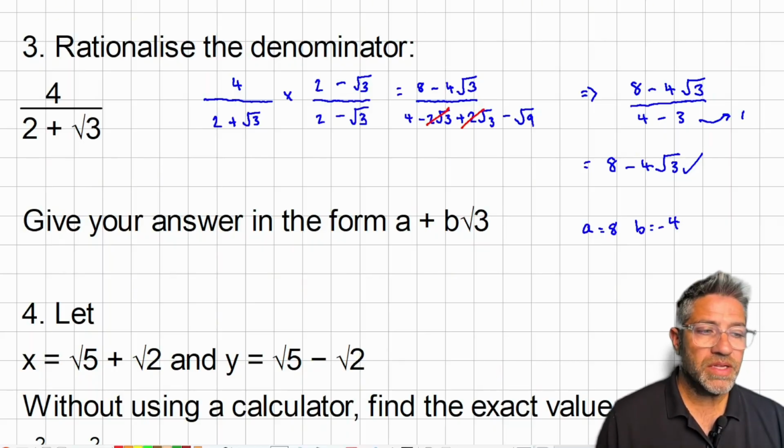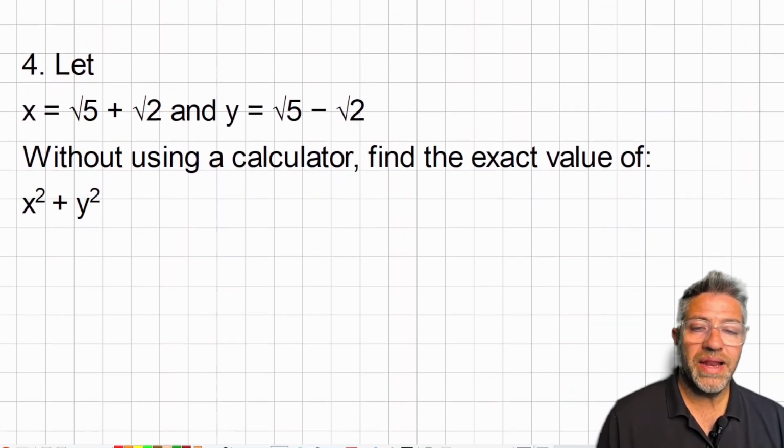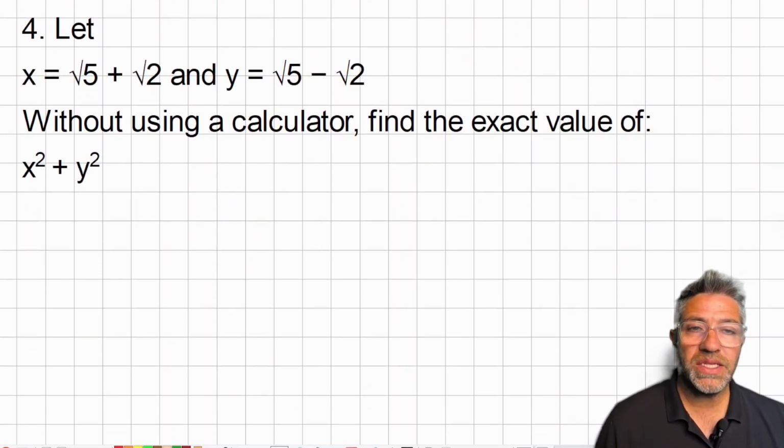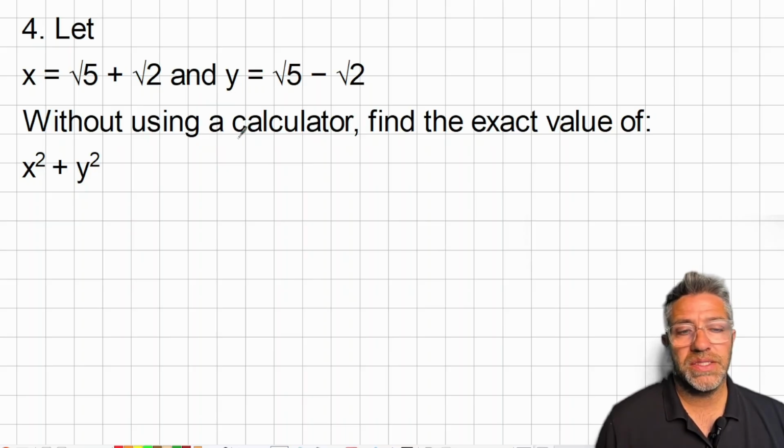So now let's move on to question 4. And in question 4, we're really starting to approach and attack a grade 9 level question. X equals root 5 plus root 2 and y equals root 5 minus root 2. Of course, without using a calculator, find the exact value of x squared plus y squared.